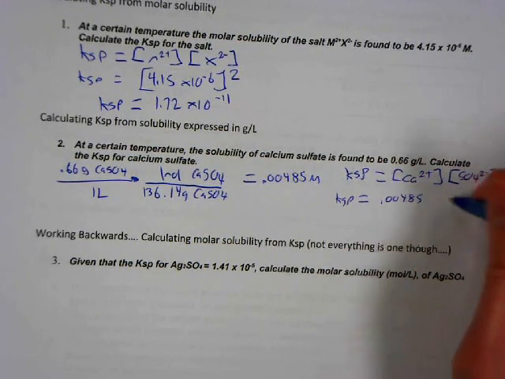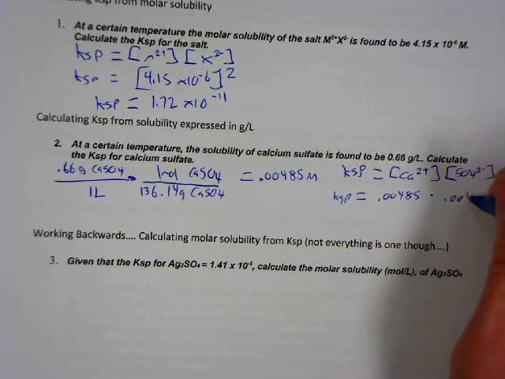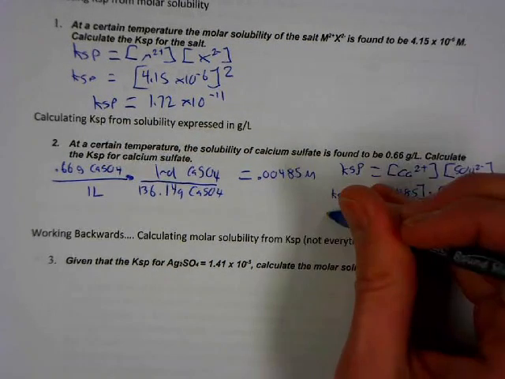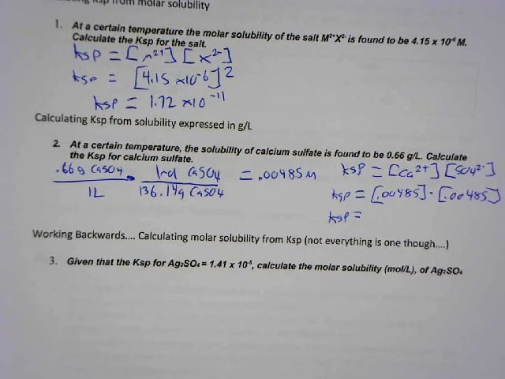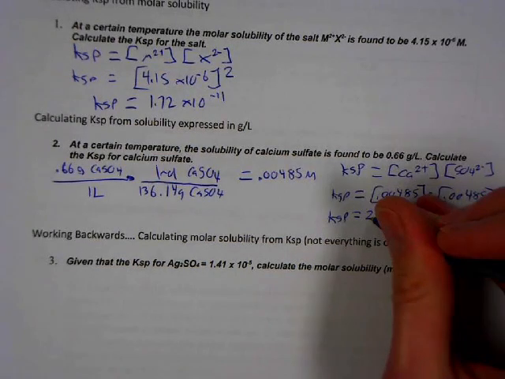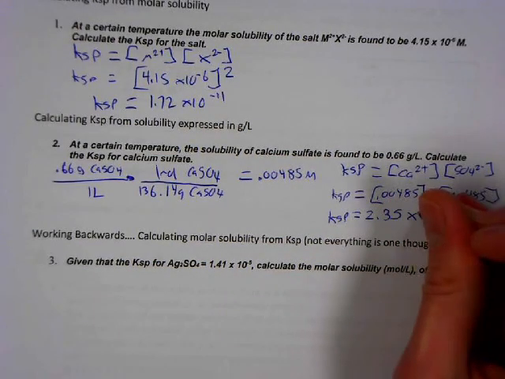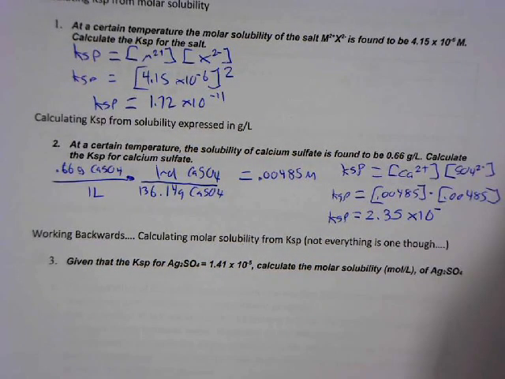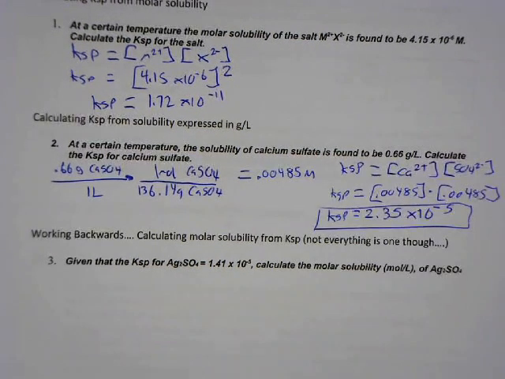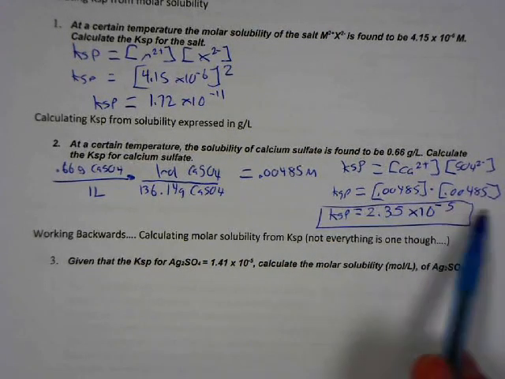So that means that KSP equals 0.00485 times 0.00485, because they're both the same, because they're in the same solution. So KSP should be a smaller number. What'd you get? 2.35 times 10 to the negative, what? Fifth. Yep. You got it.